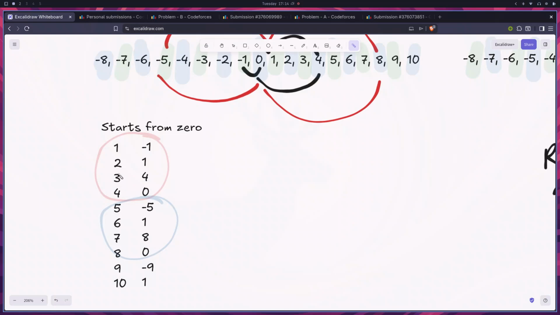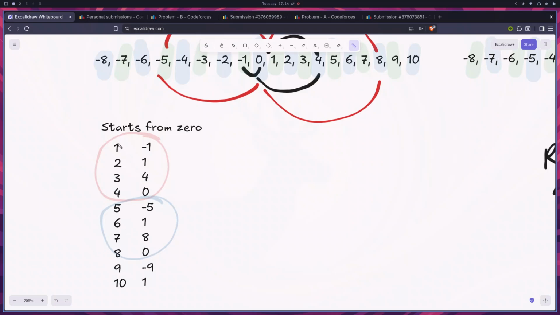And similarly for the other numbers also, if the number of jumps mod 4 is equal to 3, then the answer becomes the number of jumps plus 1. So for 3 it is 4, for 7 it is 8, for 11 it will be 12, for 15 it will be 16. Got it?